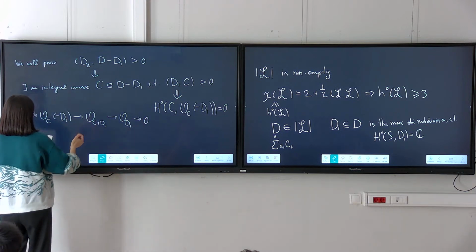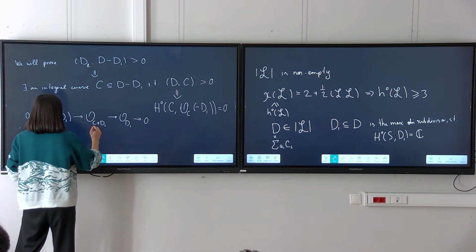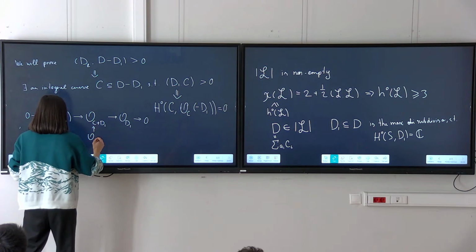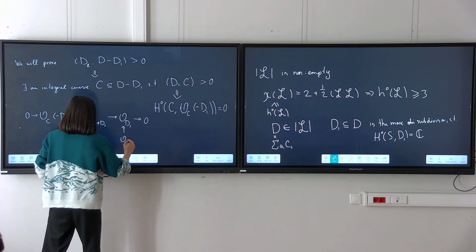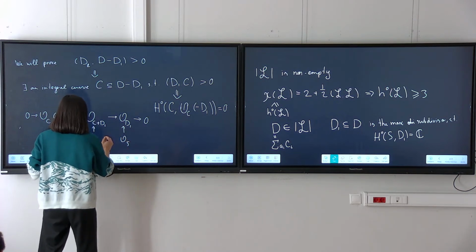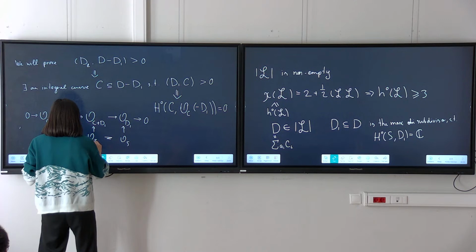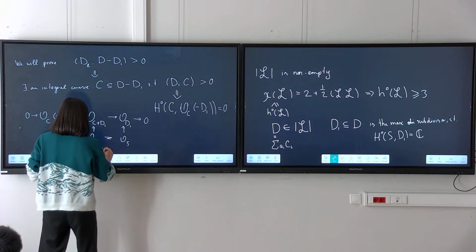And how do we obtain this exact sequence? So from two exact sequences. Here we have O_S(-C-D1).